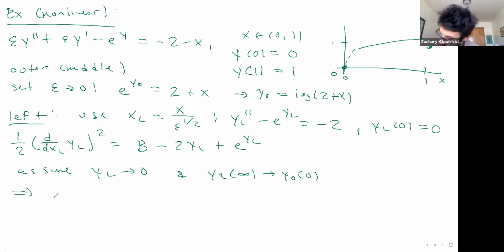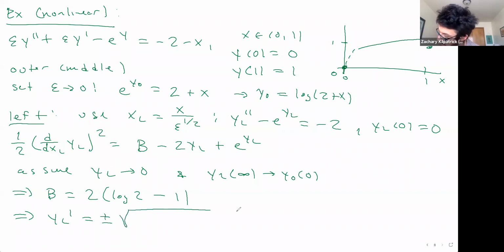Then what this implies is that B is equal to 2 log 2 minus 1, okay? So this implies that YL prime is equal to plus or minus the square root of 2 times B minus 2 YL plus e to the YL, okay?